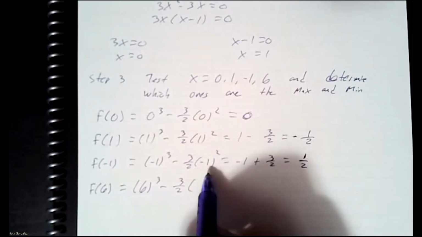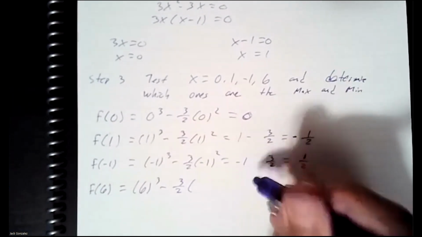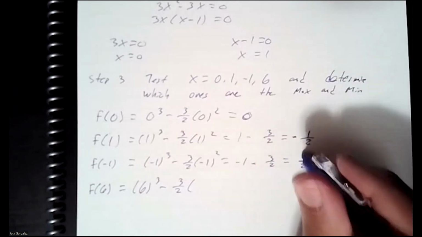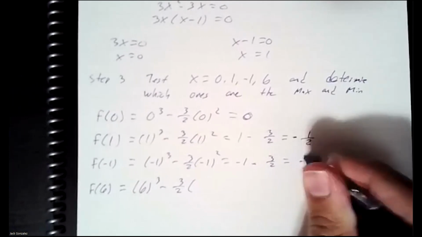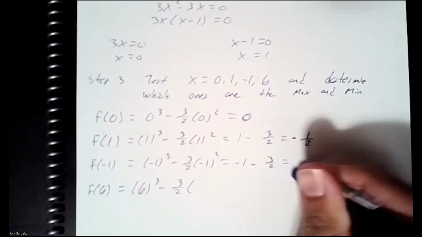Oops, that should have been squared, which would have stayed negative. So this should be negative, -5/2, right? Yeah. All right, so 0, 1, -1, and so now we just need 6, right?